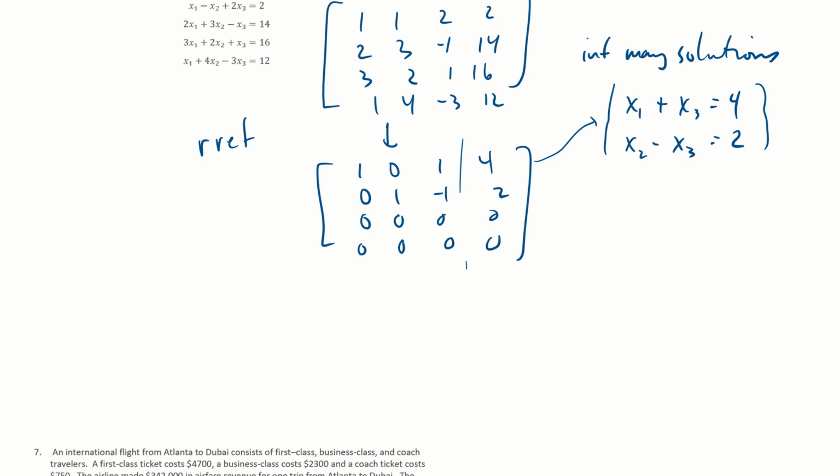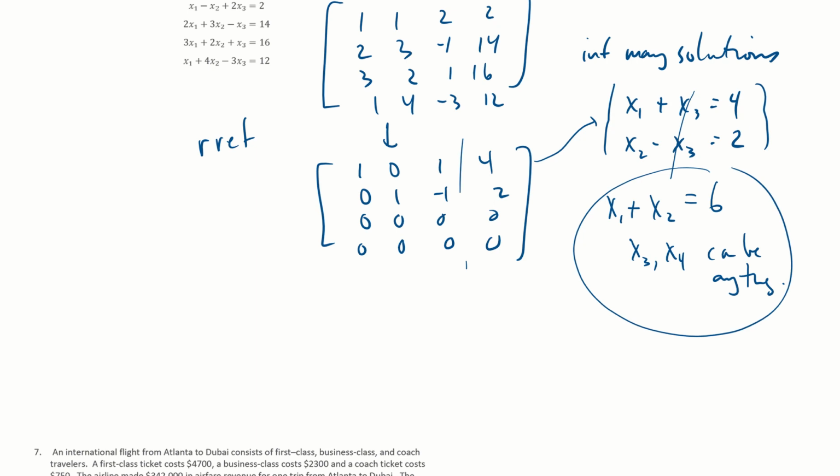If you happen to add these together, you get x1 plus x2, the x3's cancel, equals 6. So as long as x1 and x2 add to 6, x3 and x4 can be anything. It's nice that way, then I at least know some of the relationships between my variables.